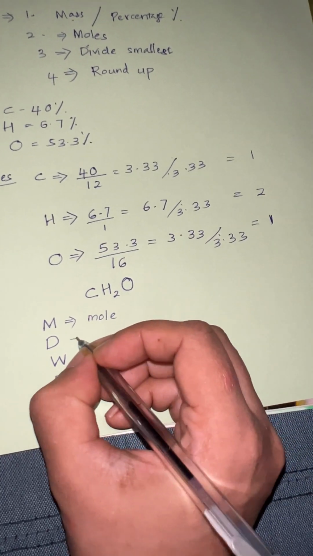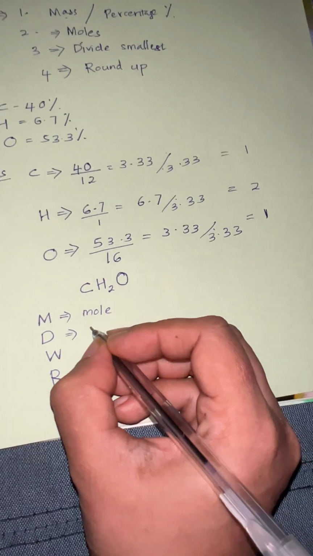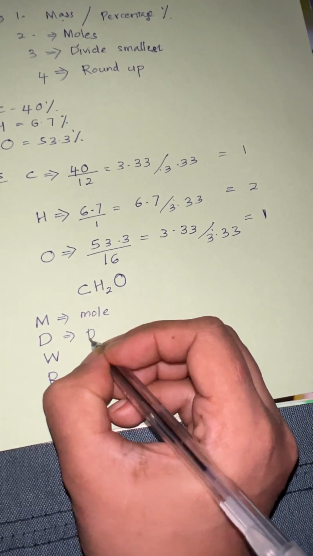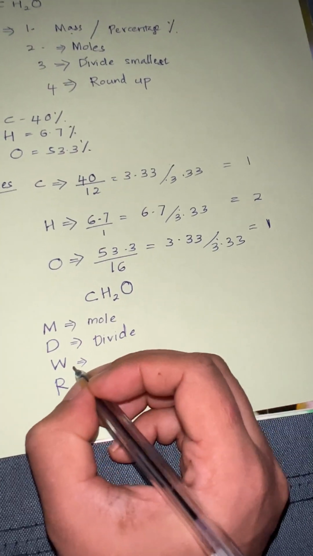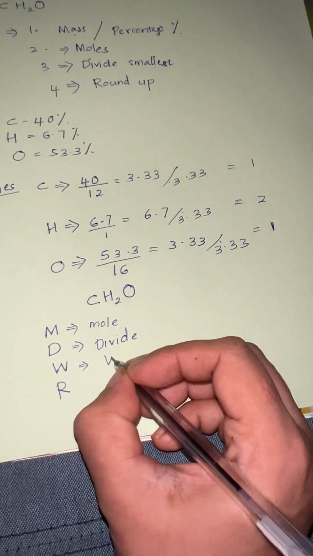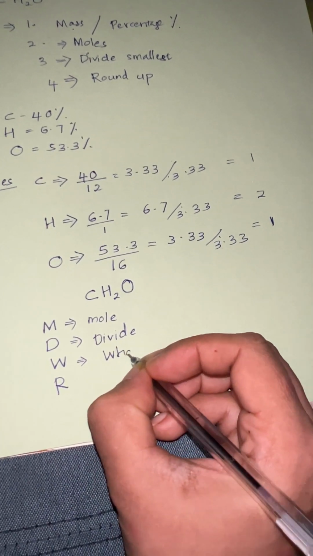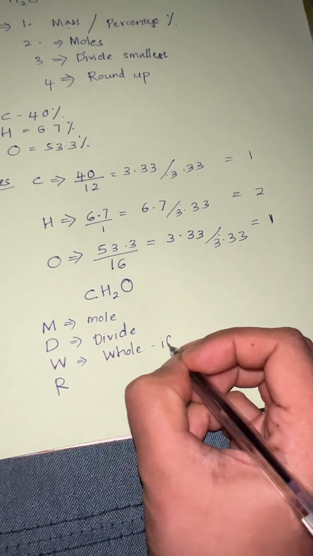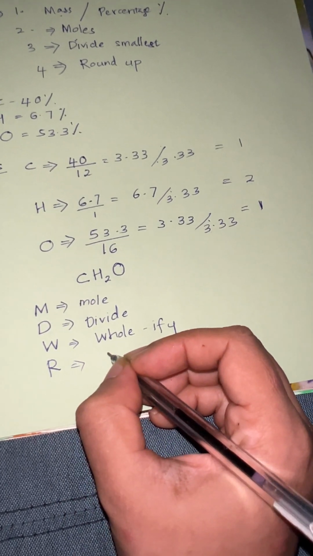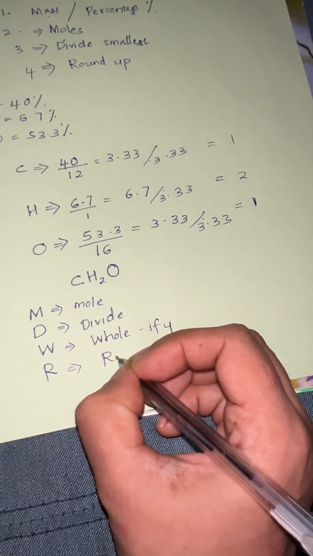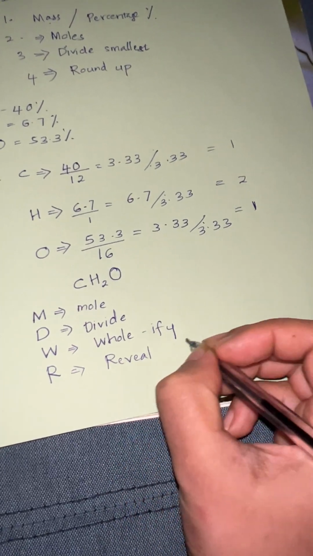Then you need to divide. Then to make a whole number, that I will say wholify. Just I'm saying wholify. Then it will reveal the formula. Reveal formula. The steps.